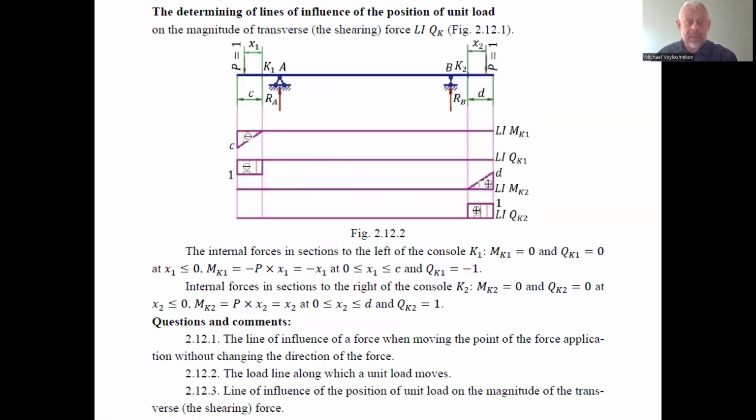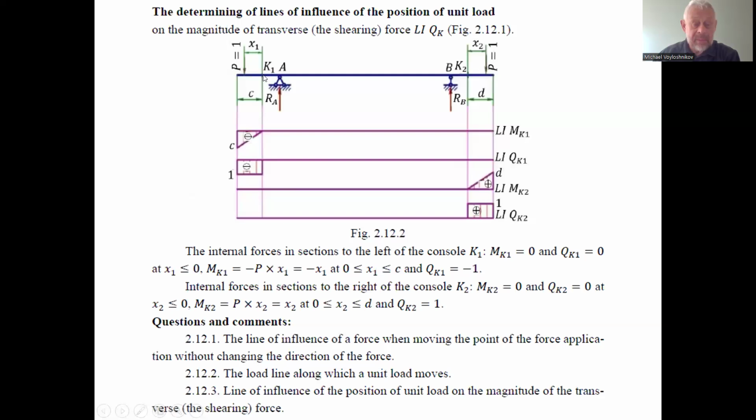And determining lines of influence of the position of a unit load in the console parts of the assigned beam, the internal forces in sections on the left of the console K1.